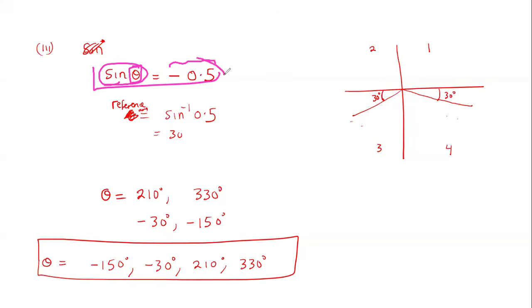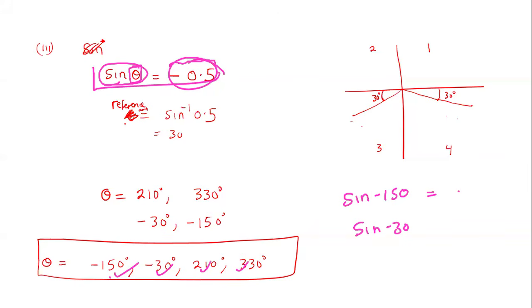No, you cannot put negative 150. Negative 150 is an angle, so you place sine of negative 150 and then you get the answer. Sine of negative 30: these are already angles, not ratios. Okay, thank you, sir.